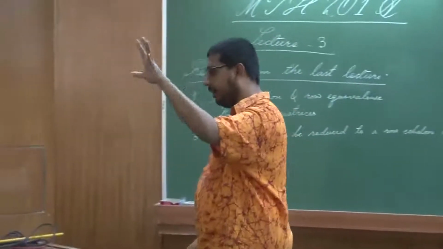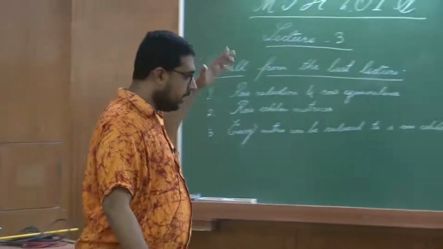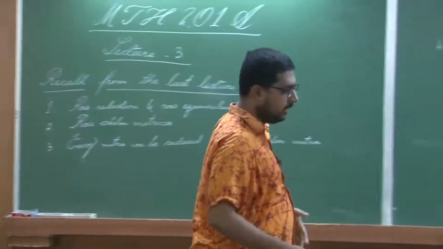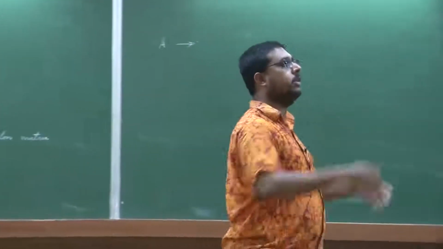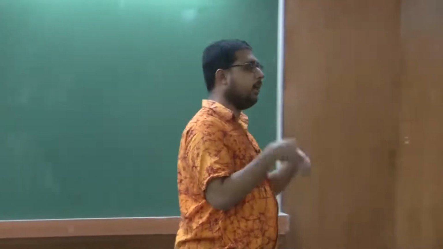Of course, when a system of equations is given, you consider its augmented matrix, then you can start reducing that, and you can stop at any stage whenever you feel you can now solve the system easily.